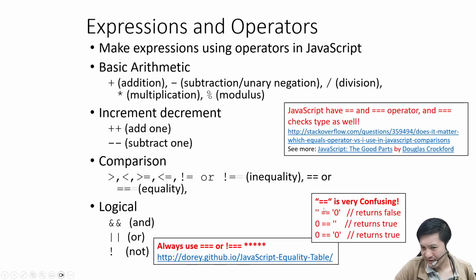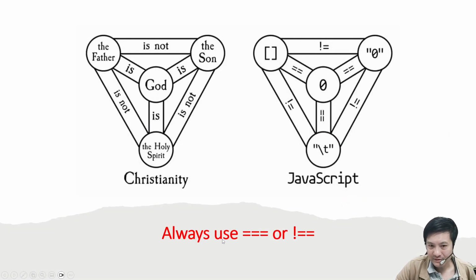This is very tricky. You can see that the double equal treats empty string, 0, false, 0, empty string as true. This is a lot of hidden type conversion, very difficult to debug, and it makes trouble for you. Try not to use double equal. You need to use triple equal or triple not equal.